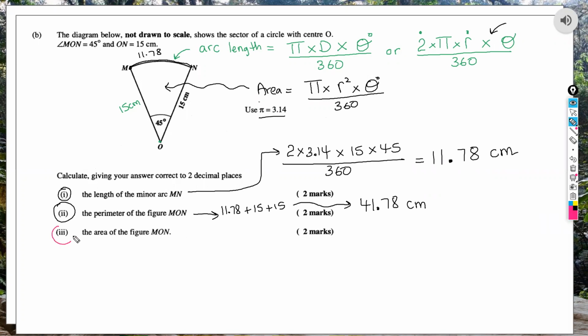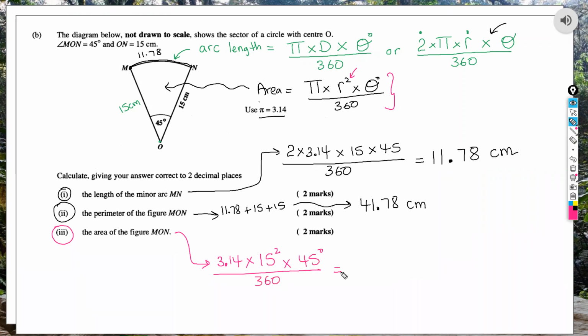Part 3 now. We're just going to use this formula to calculate the area. Pi, which is the 3.14. I'm going to put the 3.14 because that's what the examiner wants you to use for pi in this question. Multiply by the radius squared. So it's 15 squared by the angle divided by 360.